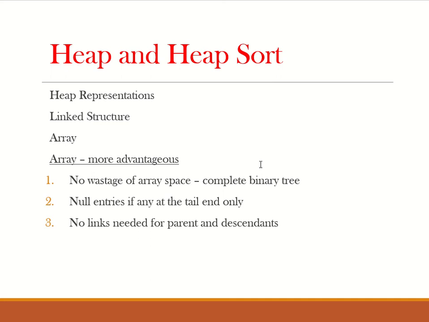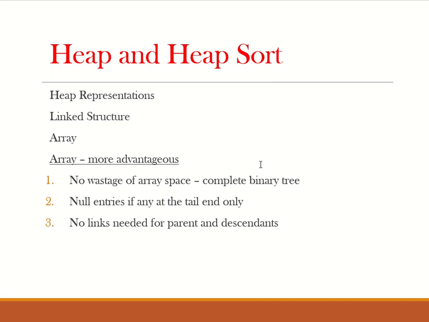But since a heap is a complete binary tree, we could go for array representation, because you are sure that all the levels except the last level will be completely full. So the wastage of space will be less, you can easily pick the data, and you have better access. Taking all this into consideration, the array representation of a heap is more advantageous compared to the linked list representation.